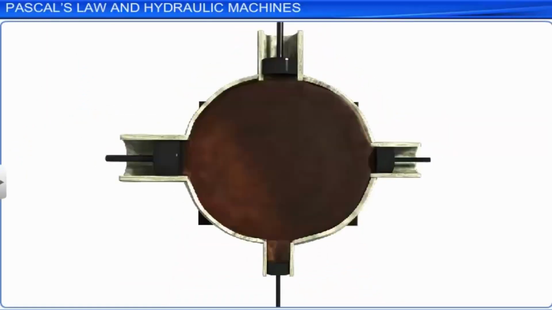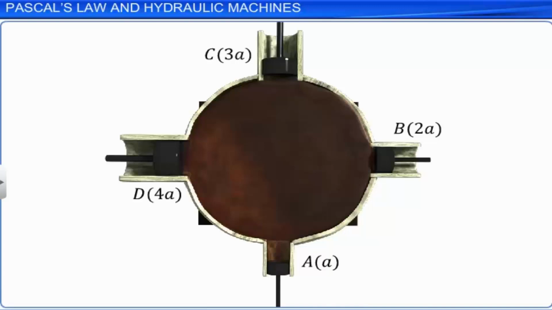Consider a spherical vessel containing 4 cylindrical tubes A, B, C and D of area of cross-section A, 2A, 3A and 4A. Each of these openings is fitted with an airtight piston.